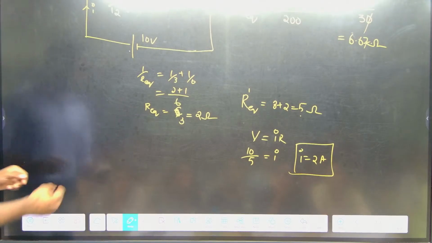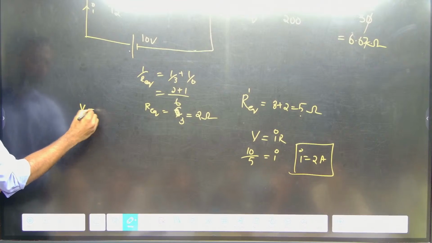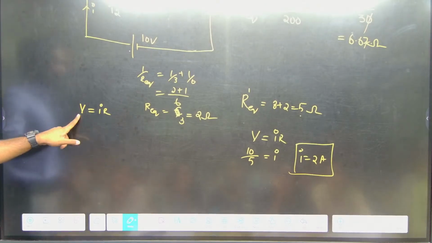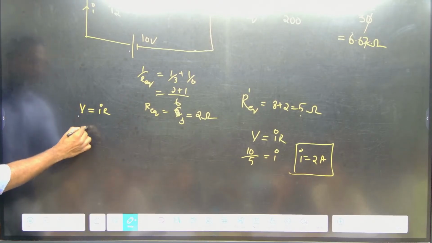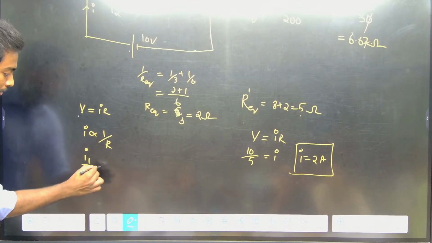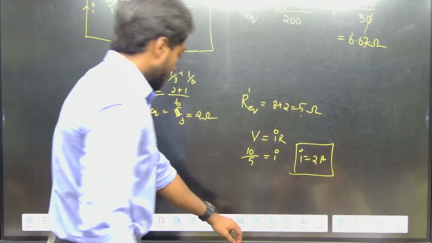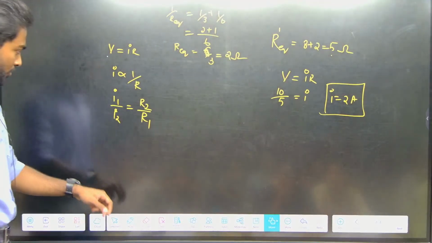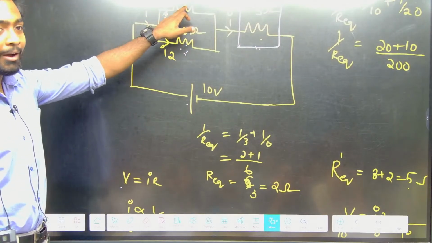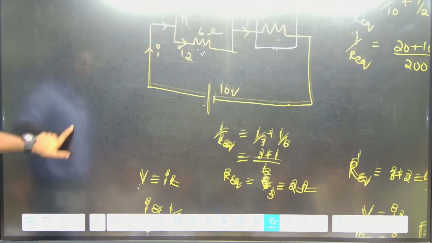V equals IR. Since those two branches are parallel, the potential will be the same. I is inversely proportional to R, no? Then I1 by I2 equals R2 by R1. Getting? So this is I1 and this is I2, and this one is R1 and this is R2. Please note that point: 3 and 6, and I1 and I2.